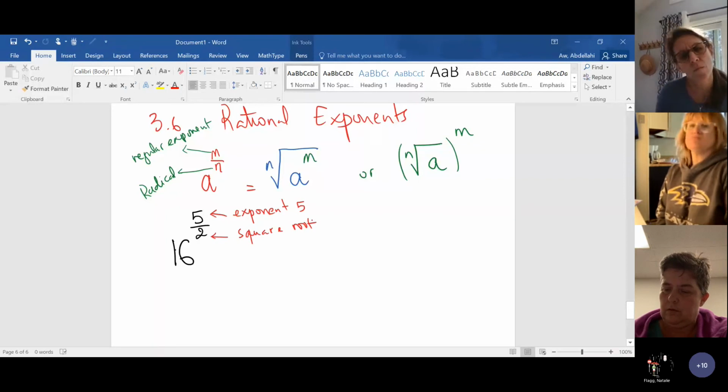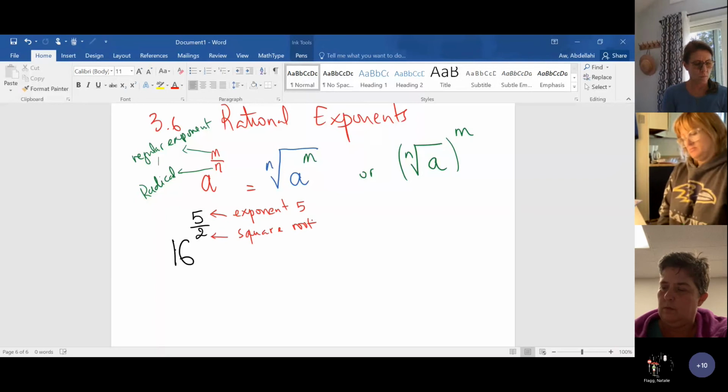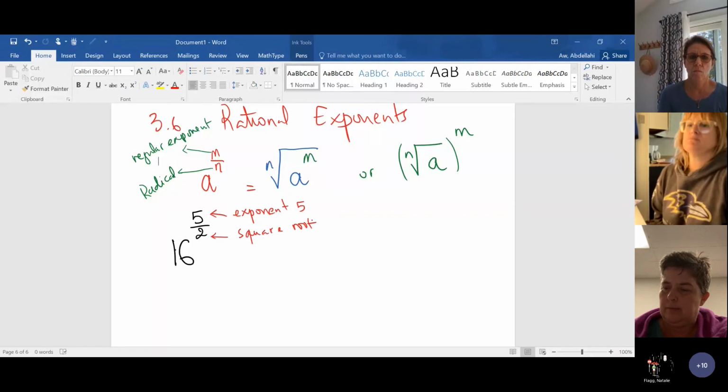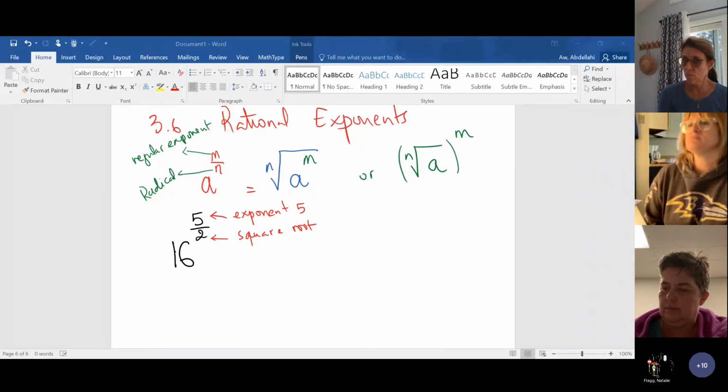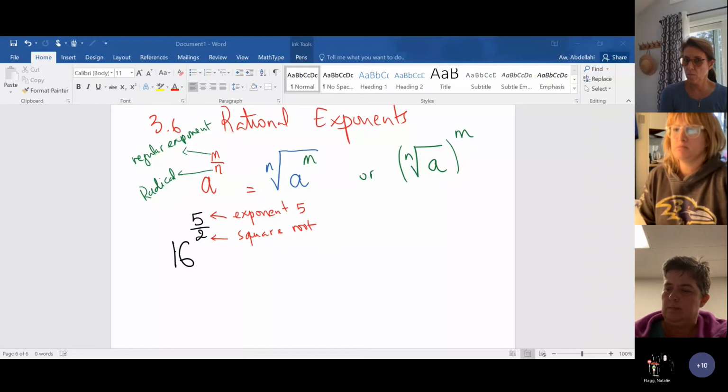You're going to raise to power 5 and take the square root, or you're going to take the square root and raise to the power 5. So if I want to do this mentally, without the help of a calculator, what action makes more sense to do first?